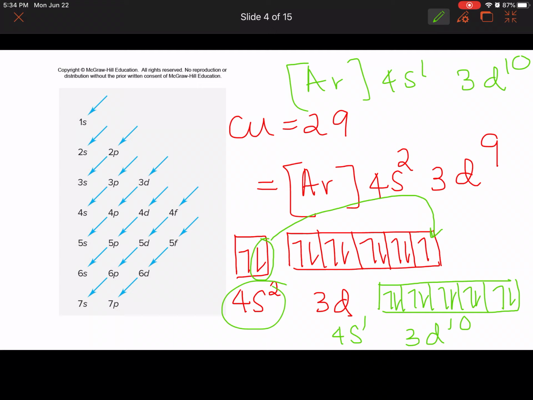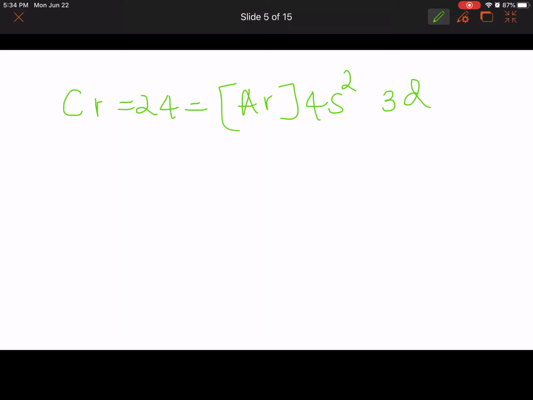are half filled. Let me explain what I mean by that. Chromium is atomic number 24. If you write down its condensed electron configuration, it would be argon 4s2, 3d4.